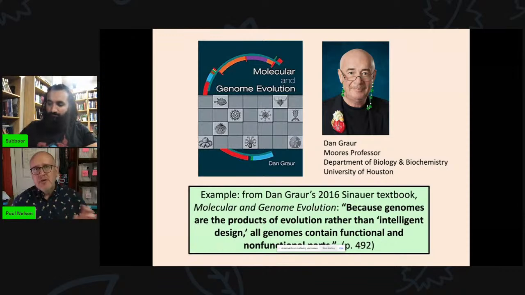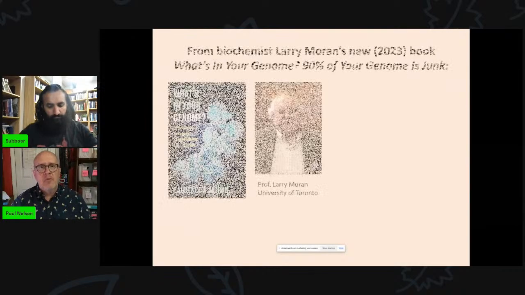No perfection, no good design. So there are direct consequences for observation in the causal story that one tells about the origins of genomes. So Graur's pointing that out and saying, look, evolution gives you very different expectations from a theory of design with respect to what one should see in a genome.